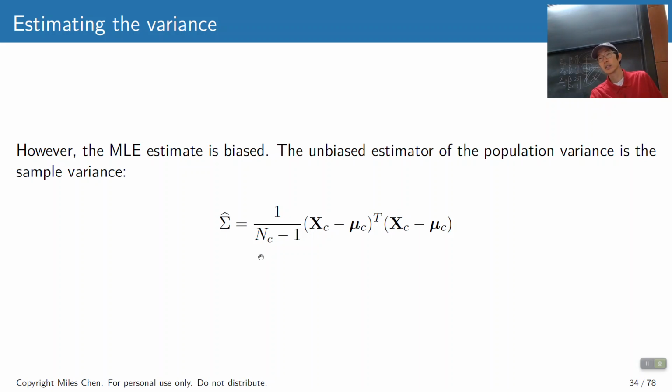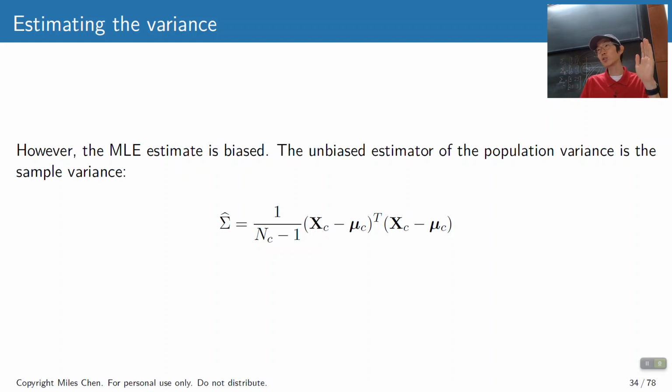I don't know, you guys did a proof for why you do n minus 1 rather than n. Students do the proof, but then maybe they don't quite catch the conceptual reason. The conceptual reason is because what you really want is the distance from your random variables x and the true population mean, which is somewhere.